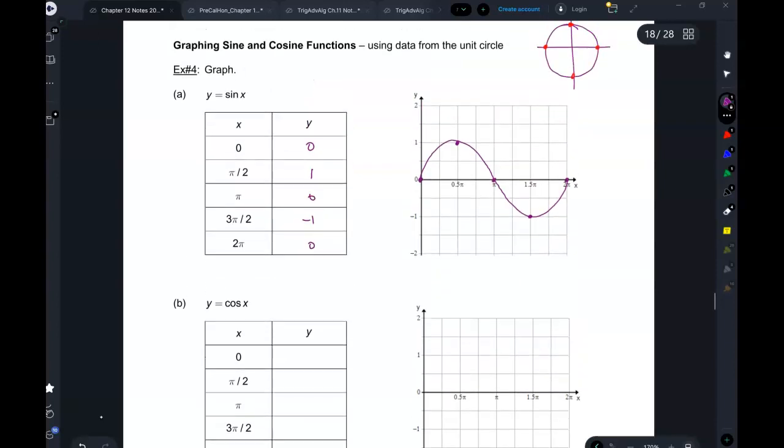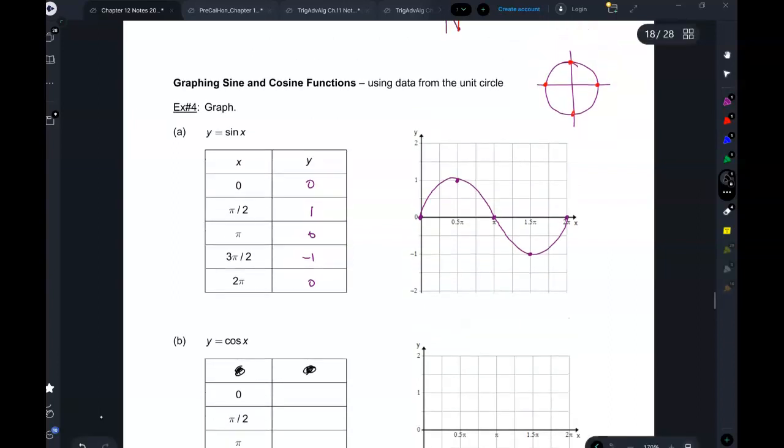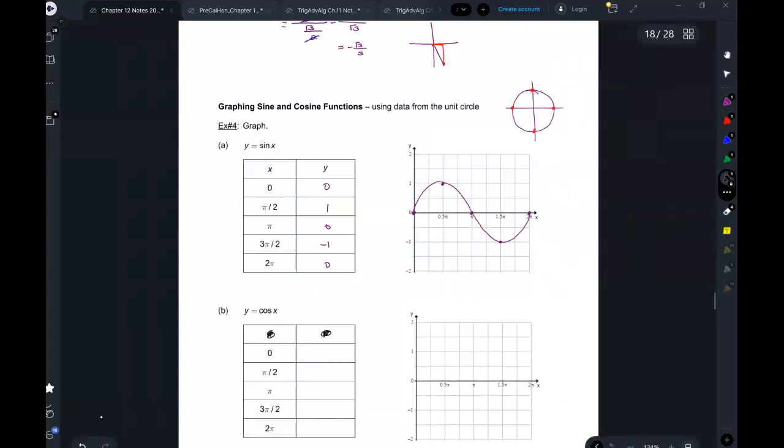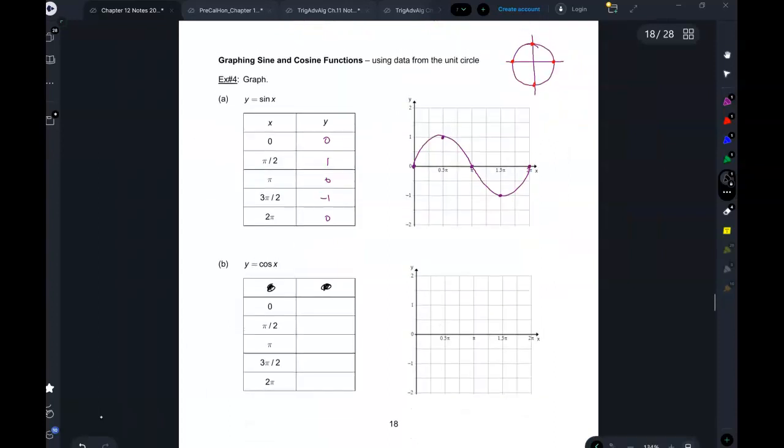Okay, now let's do cosine. Again, let's just ignore this stuff here. When my angle is 0, what is the cosine, or the x value? 1. Right, now we're looking at the x coordinate. At pi over 2, what's cosine, or the x coordinate? 0. At pi, 3 pi over 2, 0. Then 1.